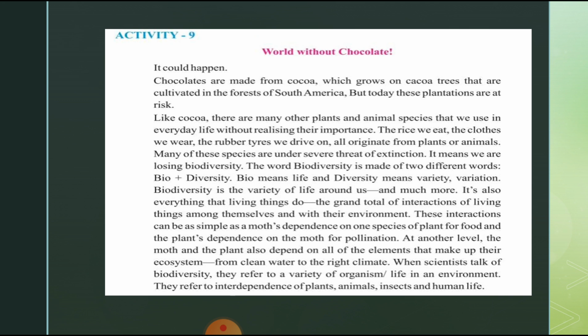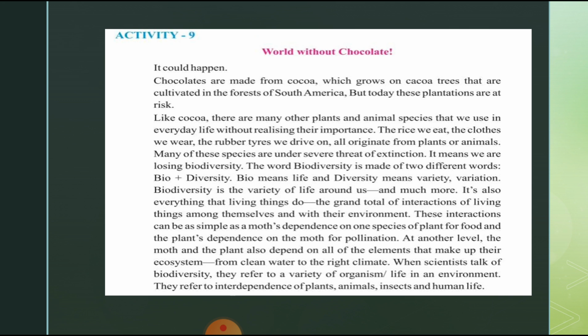So we should save it. In the same way, there are many other plants and animal species that we use every day without realizing their importance.